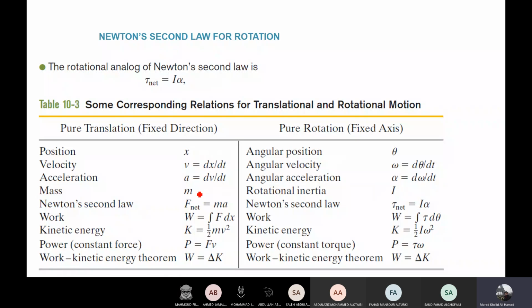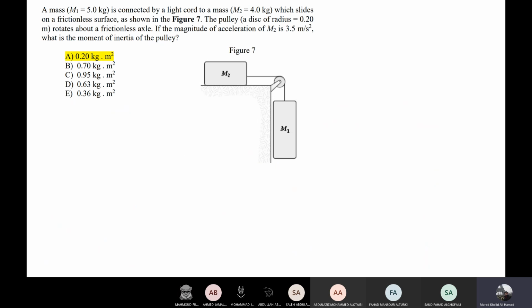Instead of M, we use the rotational inertia. Instead of force, we use the torque. Instead of the work, we just convert it, okay? Kinetic energy, instead of half mv squared, will be half I omega squared, and so on. Now we go back to chapter 5.